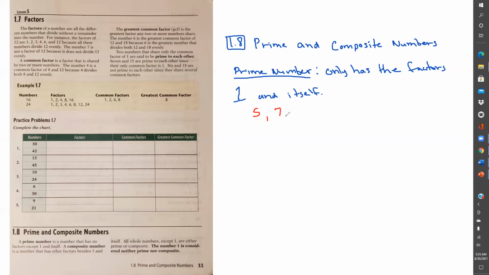Now be careful because some people get on a roll of listing the prime numbers and say, oh yeah, 3 is a prime number and 5 is prime and 7 is prime. And then they keep going and say, oh yeah, 9 is prime, but 9 is not prime, okay? Because you can make 9 with a number other than just 1 times 9. You could do 3 times 3, okay?